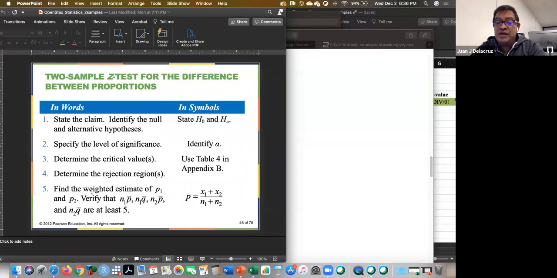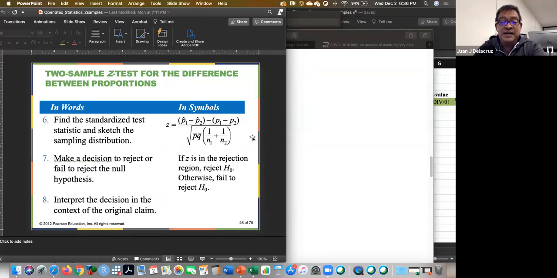Based on our hypothesis, we have to determine whether it's a left tail test, right tail test, or two tail test, right? We find the weighted estimates, make sure that everything is fine, and perform all these computations. Remember, the observed difference divided by the standard error, which is a big thing.